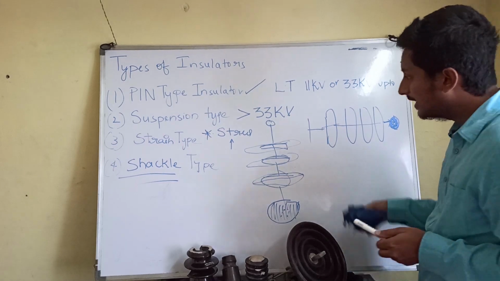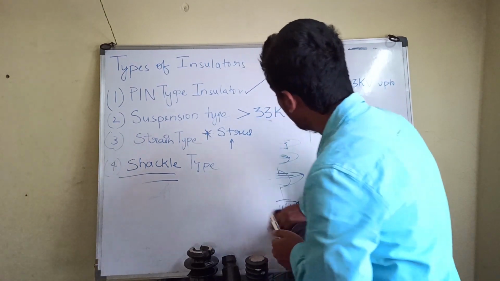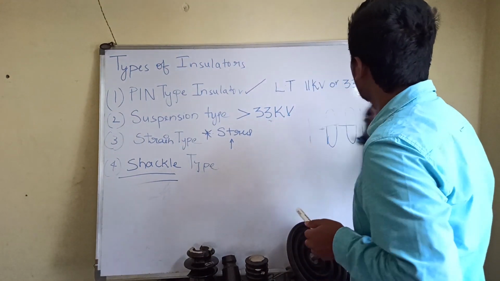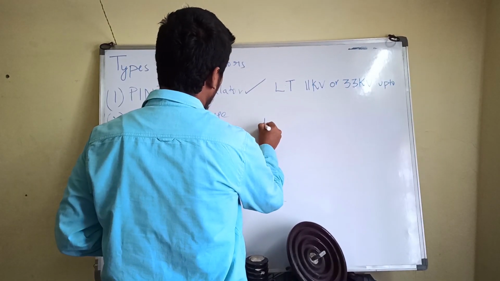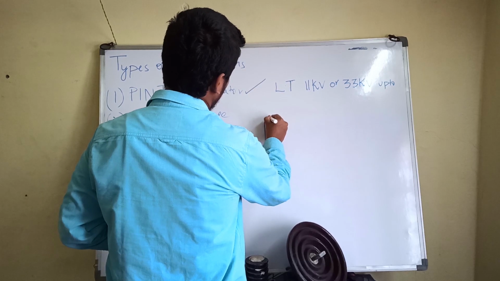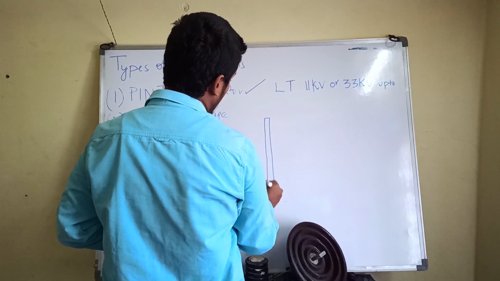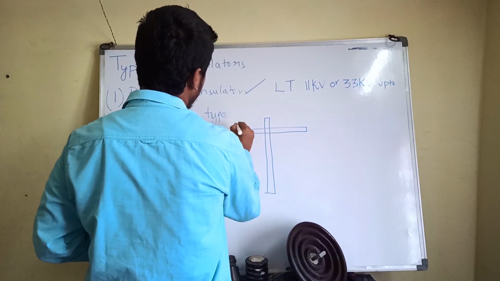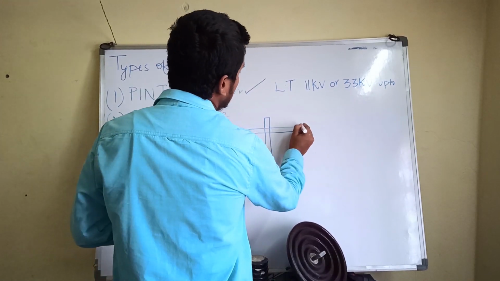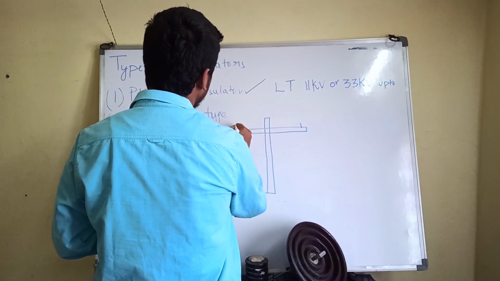Now, let us take these insulators and keep them on the cross arms and let's see how they are. Pole, put cross arms. Now is the time to place the insulator.